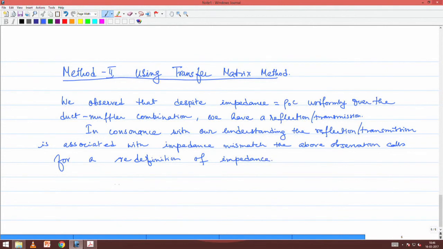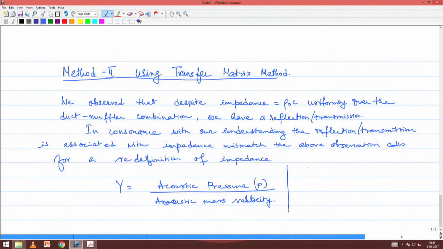So, this redefined impedance we will call Y, and this will be acoustic pressure P divided by acoustic mass velocity. Okay. Right. Instead of acoustic particle velocity, so I will just put a contrast here.